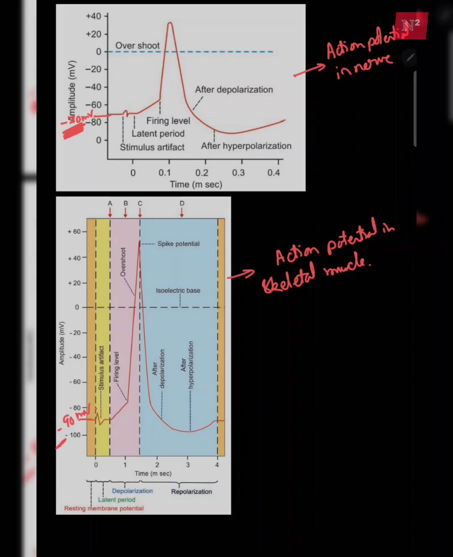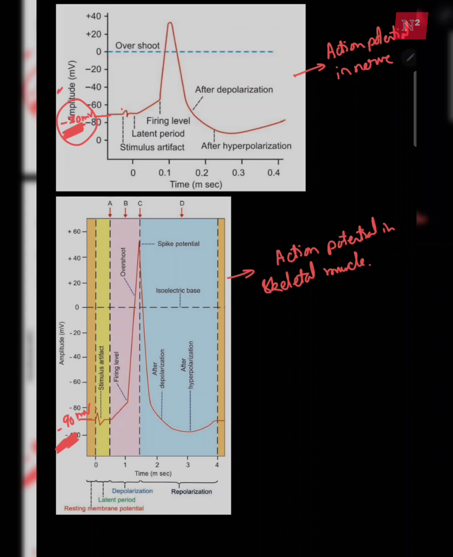In the case of skeletal muscle, it is minus 90, so it is much more negatively charged, whereas the nerves are slightly more easily excitable as compared to the skeletal muscle. Then as soon as we are conducting the experiment, obviously we attach electrodes to give an electrical shock, and then we detect with a sensor.